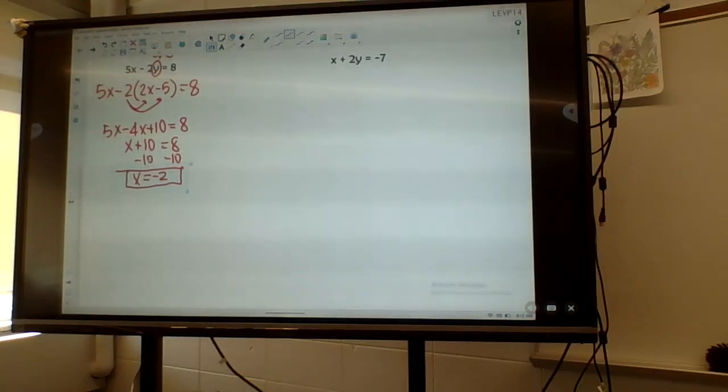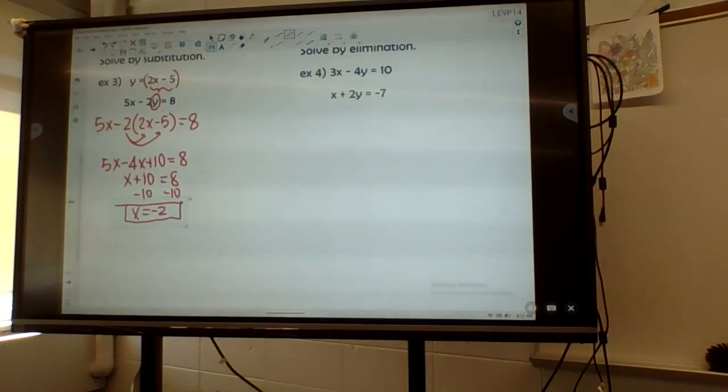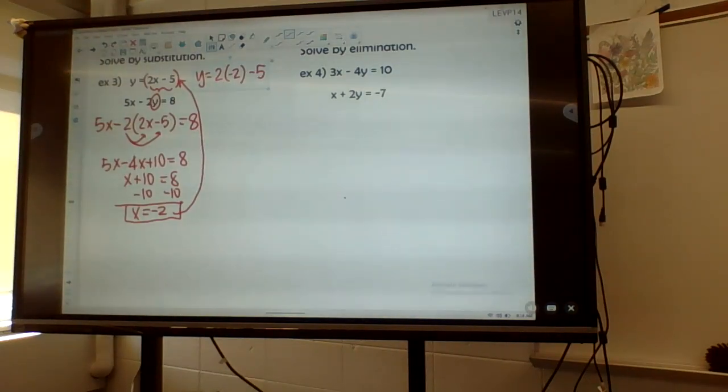So once I know what x is, we still need to go back and find our y value. But I know what x is, so I like using the equation I used to substitute. So I'm going to put it back into that top equation. 2 times -2 minus 5. So I'm putting that back in for my x to find my y.